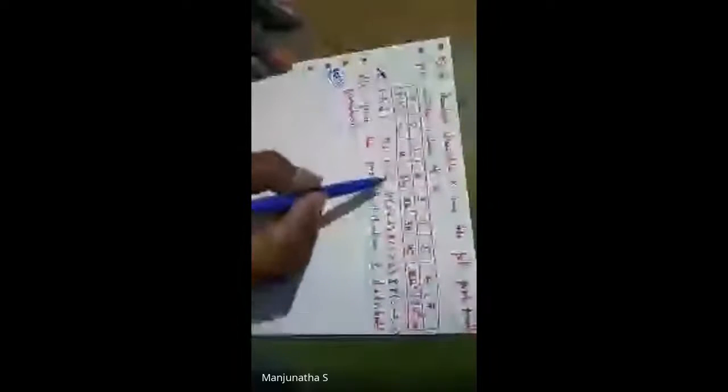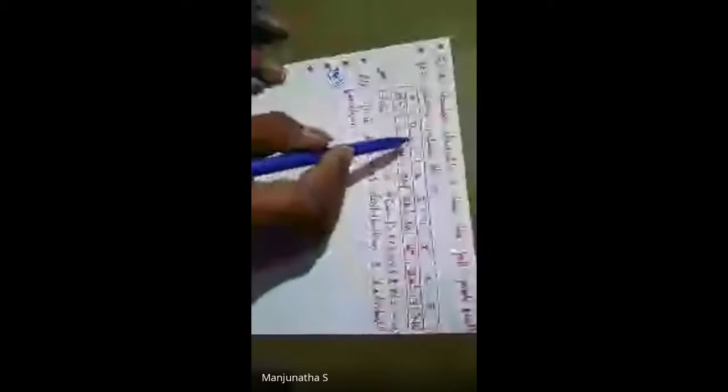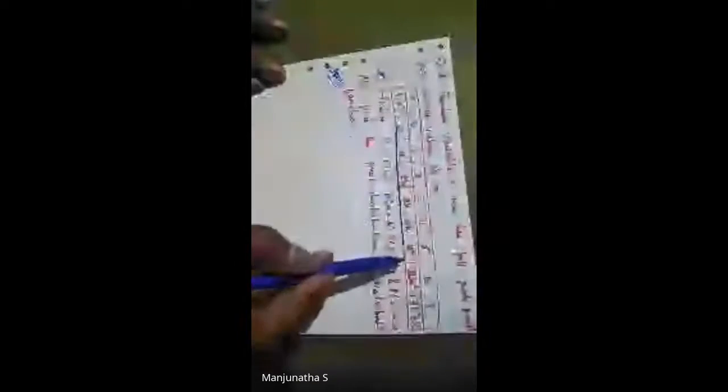Next, after finding k, you need to find p of x less than 6. Less than 6, not equal to 6, just less than 6. Less than 6 means 5, 4, 3, 2, 1, 0. So everything you need to add, the probability from here to here, after finding the table.